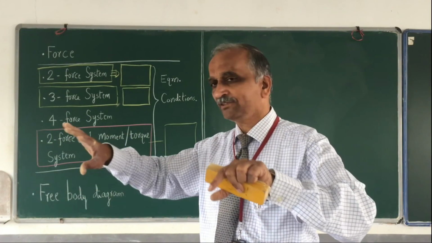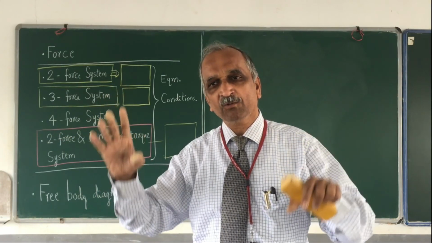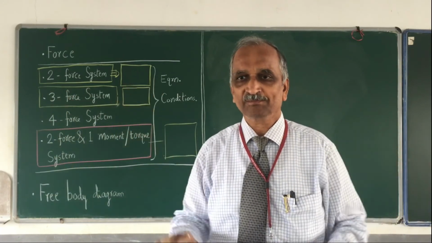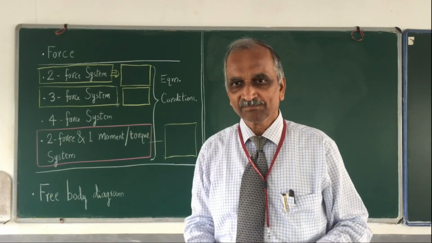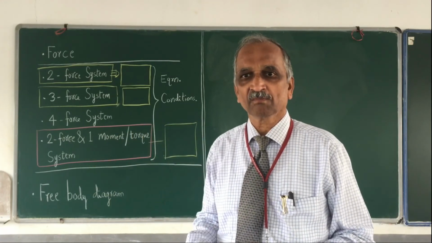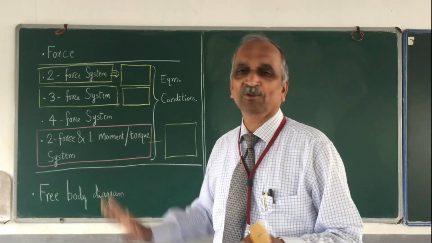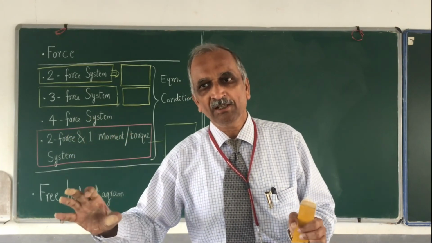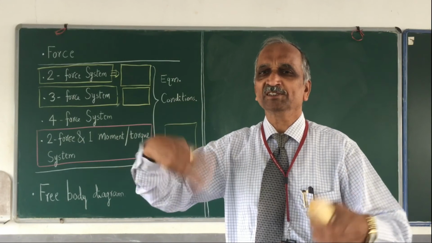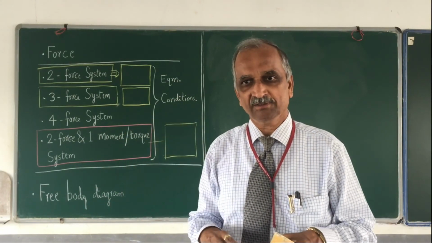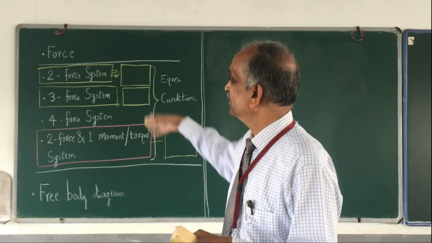Similarly, isolate part of the body, one full body, or a number of bodies from its neighbors, and draw them and show all the forces that are acting on it. That is what we call a free body diagram. Very simple. A free body diagram is obtained by isolating whatever is required and showing all the forces acting on it.